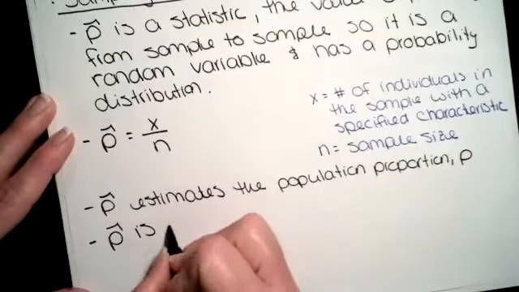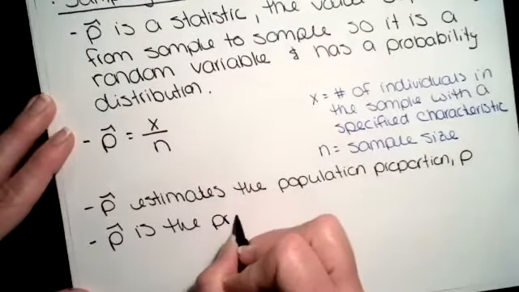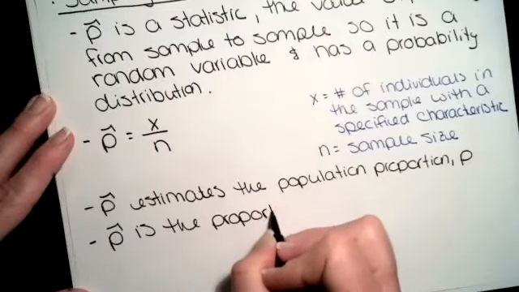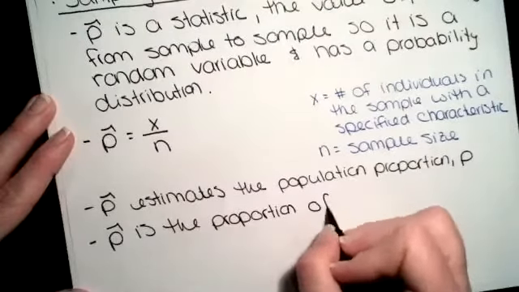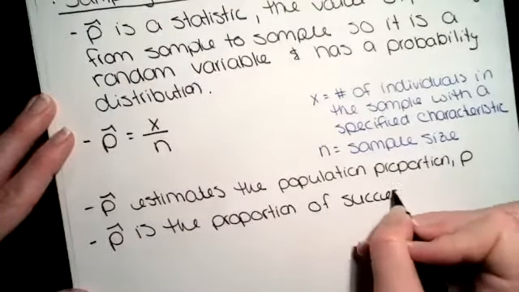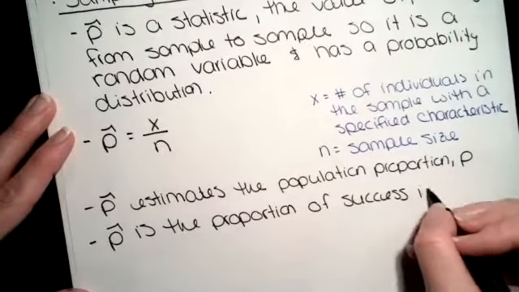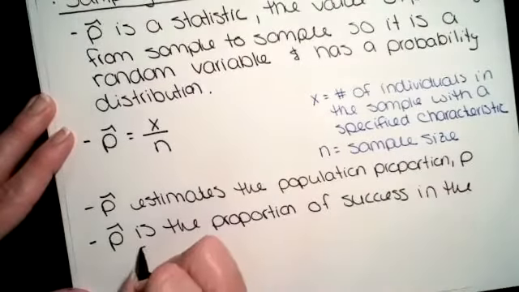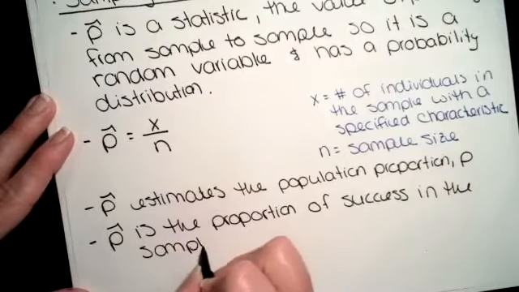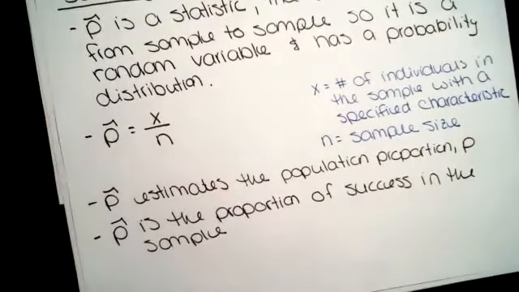P-hat is the proportion of successes. Remember, that's what we're looking at, successes in the sample. And I just want to make a note down here.